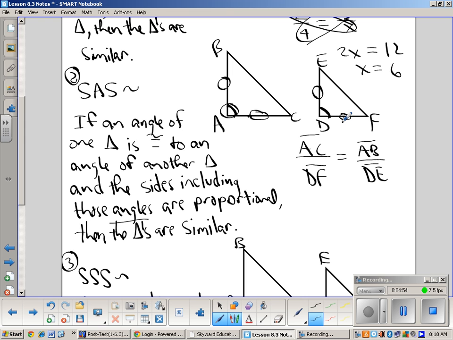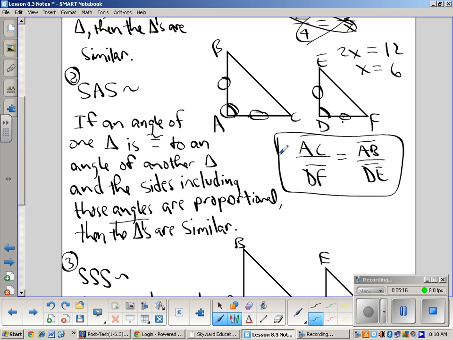This is tough because we want to do things like this. Are they equal? No, they're not equal. They're proportional. Okay? So we don't want to use our little congruent tick marks. So there really is no symbol to show it other than to write this statement.